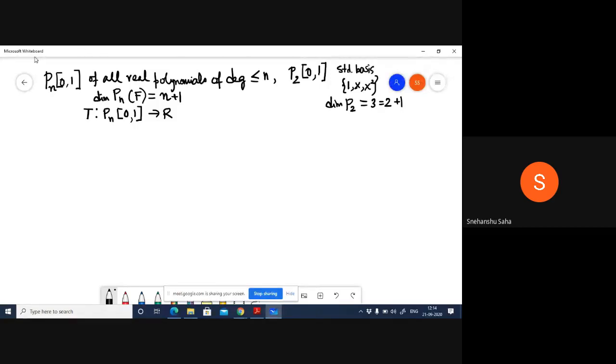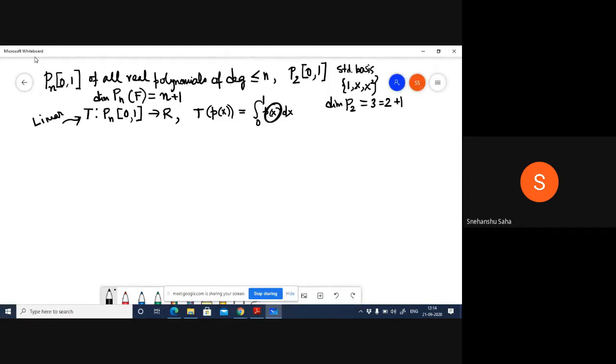It is defined with respect to whatever basis you have in your vector space Pn[0,1]. These elements p(x) are just 1, x, x squared, depending on whatever basis you are using.